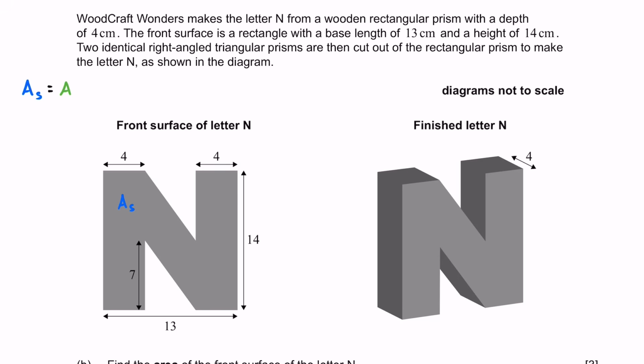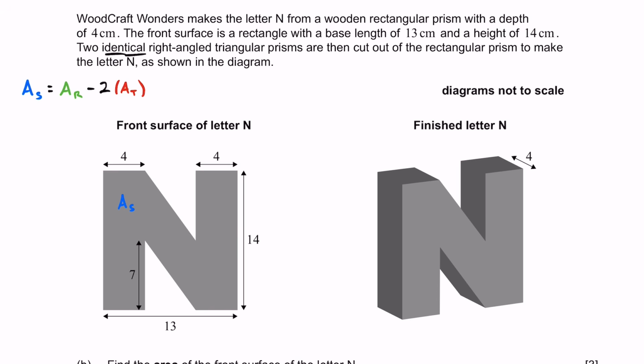So the area of the rectangle minus these 2 triangular faces. So let's say AT. This would be an equation for the shaded area. So shaded area is equal to total area minus these 2 identical right triangular faces right here. Okay, so remember they are identical.